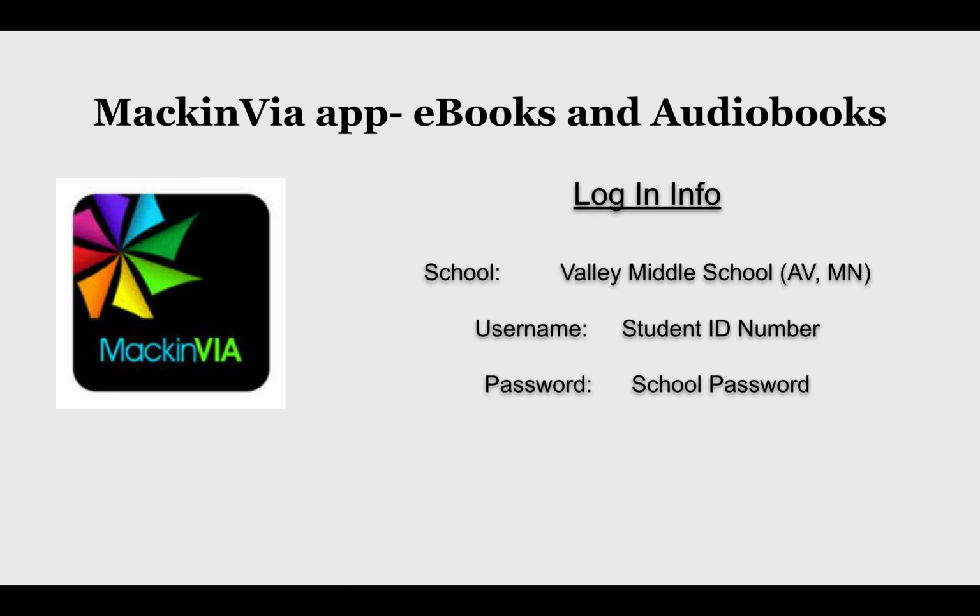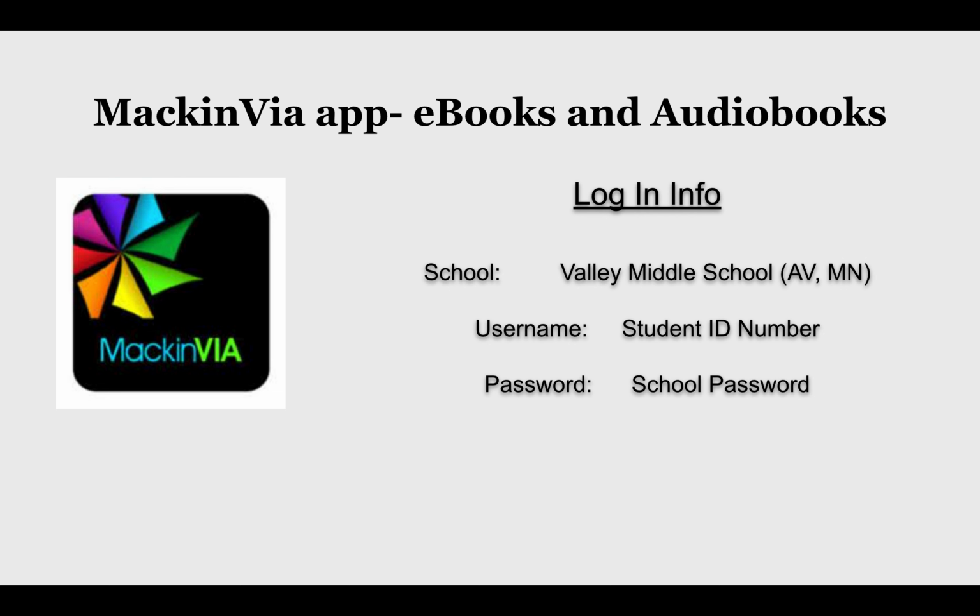So just to show you how easy it is to log in and listen to these books, what you do is you go to Mackin Via on the iPad and download that app. When you are asked for your login information, you search for Valley Middle School. And when typing that in, you want to be sure that you are selecting Valley Middle School in Apple Valley, Minnesota.